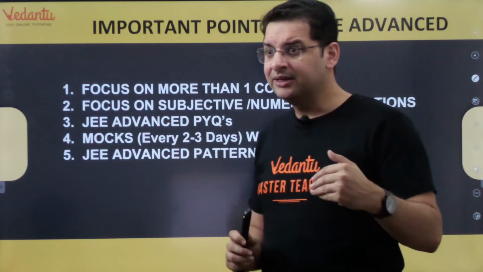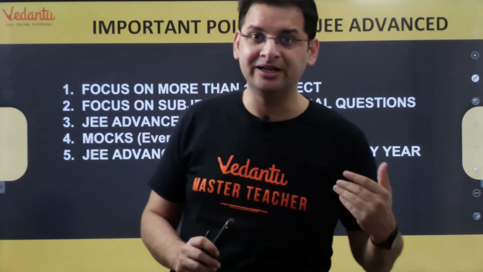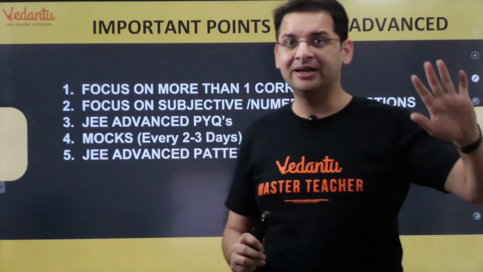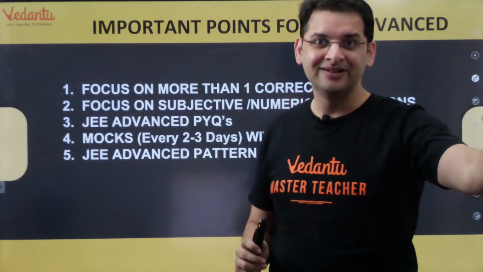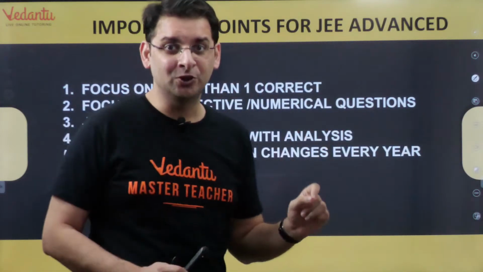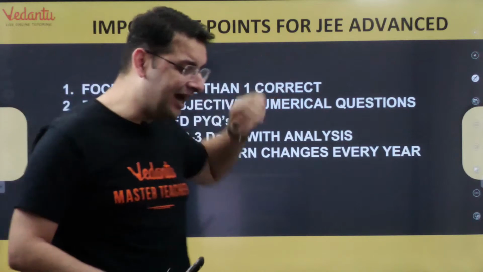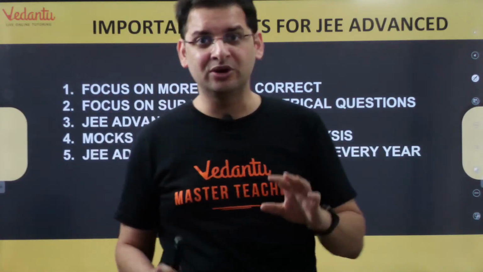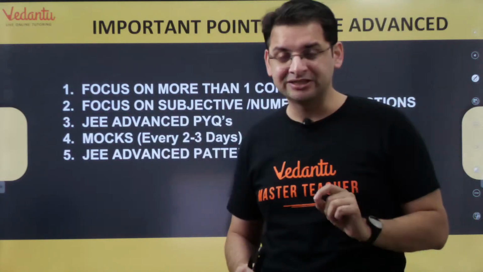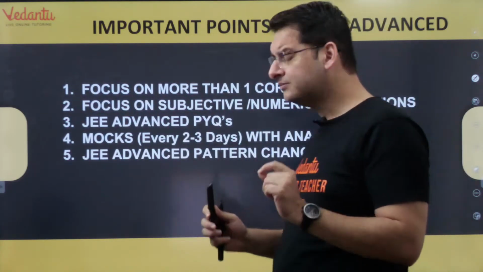And lately JEE Advanced has also introduced negative marking in more than one correct. Earlier there was no negative marking, but lately they have put negative marking in more than one correct choice questions also. These are make or break questions, because more than one correct come in part 1 as well as part 2 of all the subjects. So this is very important.